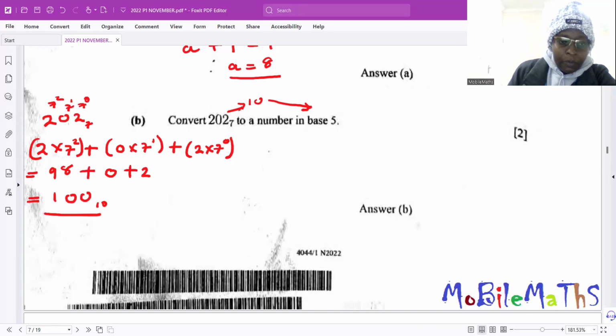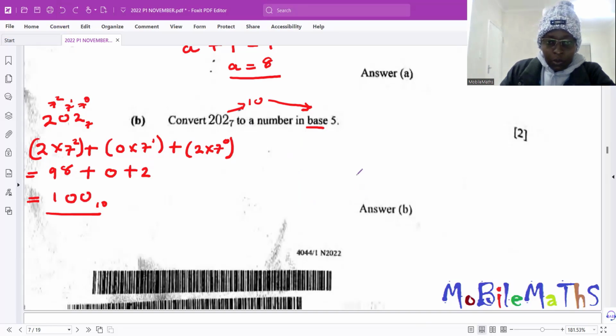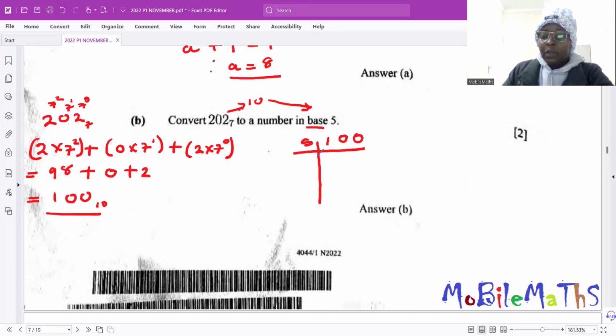That's the value. Now we are going to base 5. We do long division. So we have 100. 5 into 100, we divide by the base that we want to go to. 5 into 100, that's 20.